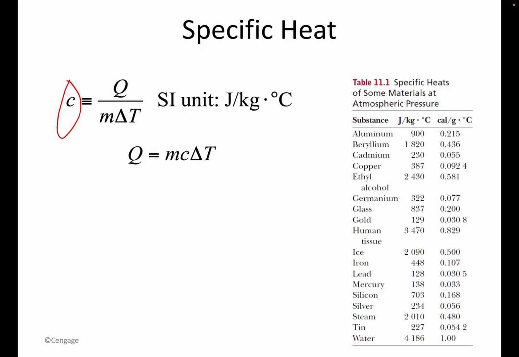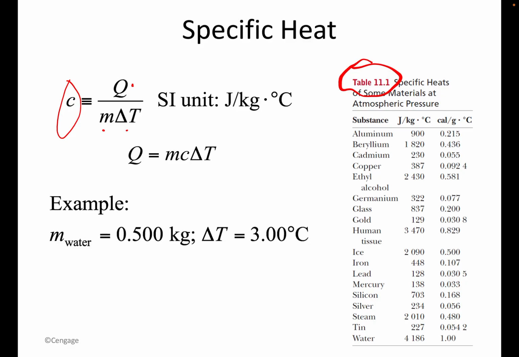In this equation, Q is the amount of heat added to the matter with mass M, and the temperature change is delta T. Q divided by M times delta T gives us the specific heat. This table gives the specific heat for different materials. Of course, we can rewrite this equation as Q equals M C delta T.